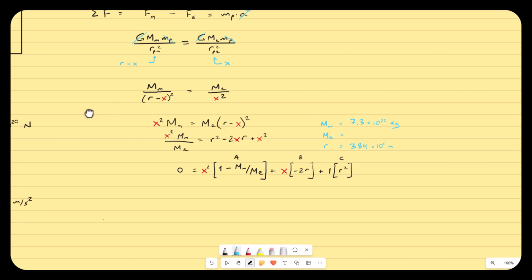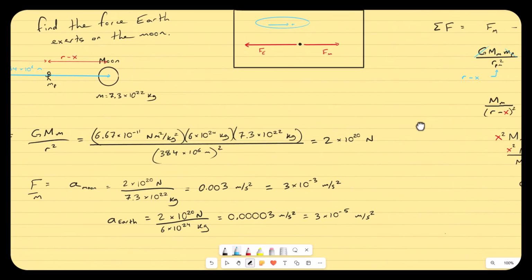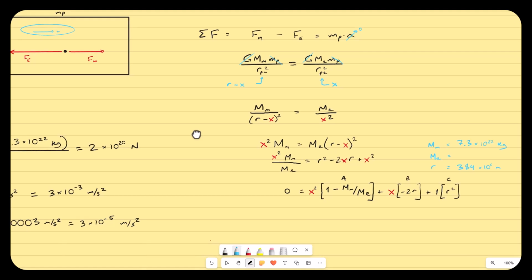And mass of the Earth, 6 times 10 to the 24th kilograms. So when I punch all of that into a quadratic equation, I end up with an x value of 3.2 times 10 to the 8th meters, and I get a second answer of 4.7 times 10 to the 8th meters.